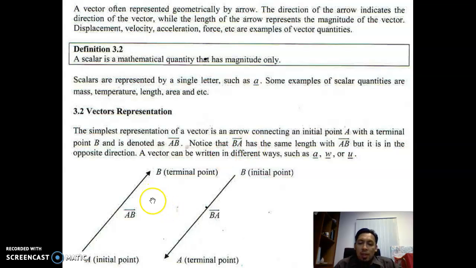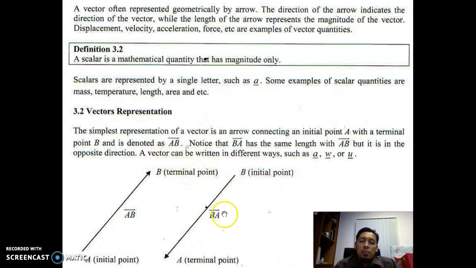So AB means A is the starting point, or in vectors we call it the initial point, and B is the ending point, also called the terminal point.